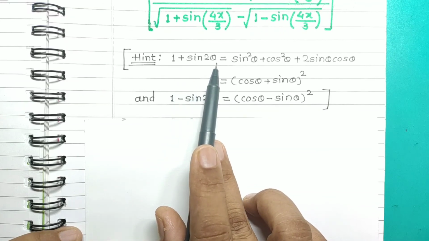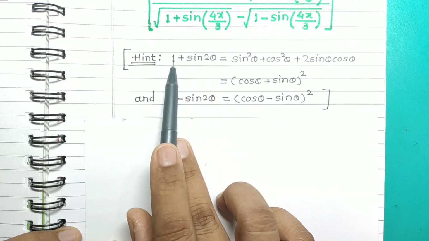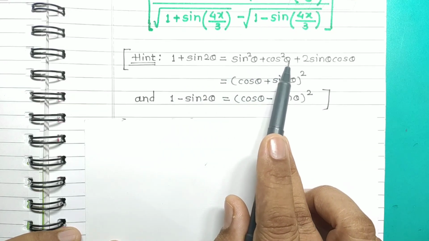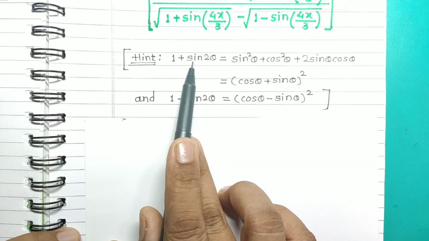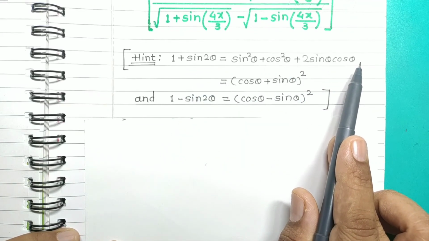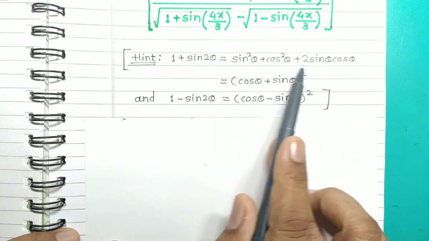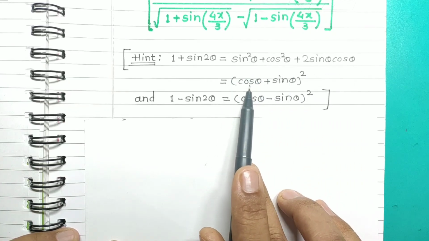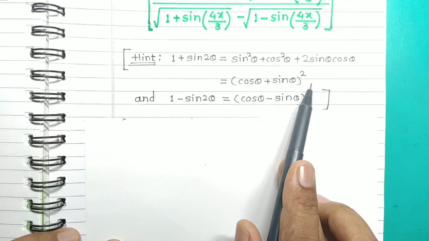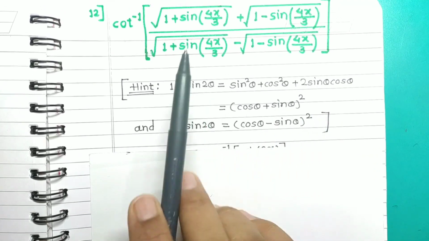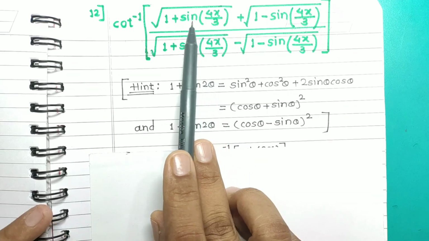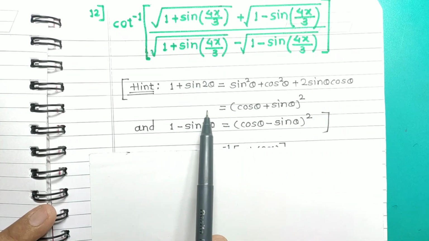1 plus sine 2 theta, we can replace this 1 by using the identity sine square theta plus cos square theta, and we write this sine 2 theta as 2 sine theta cos theta. Okay, so these three terms form the expansion of the bracket cos theta plus sine theta, whole square. So in this example you write the term 1 plus sine 4x upon 3 using this trigonometry result.